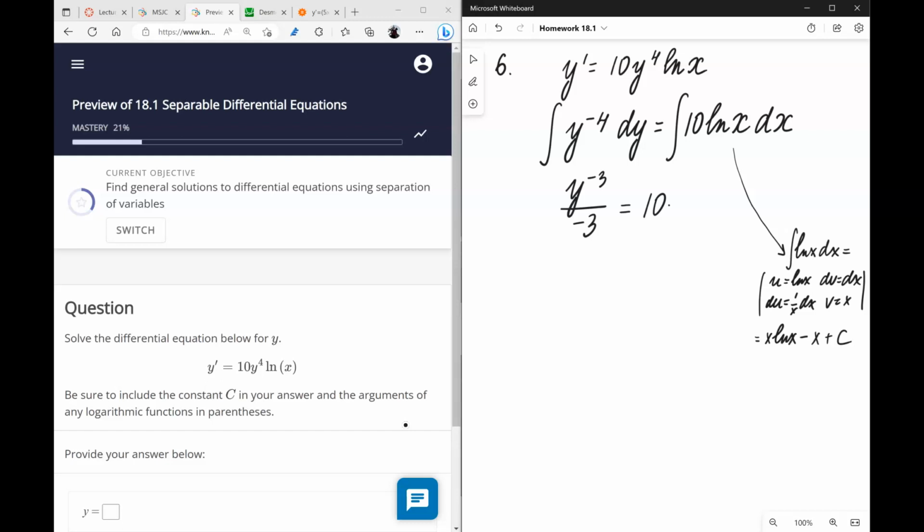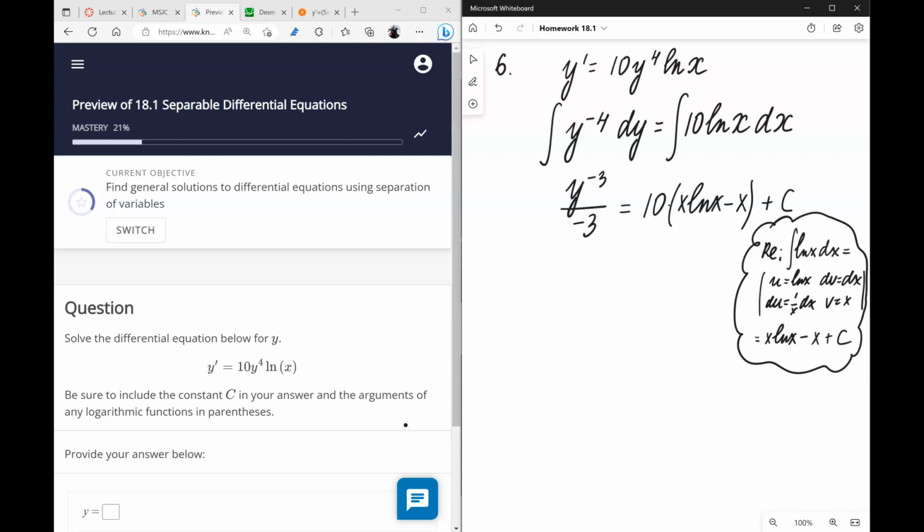So we definitely want to either be able to do this integral real quick or just remember it. But I'm going to refer to this piece of knowledge here. And on the right side we have 10 times x ln x minus x plus c.